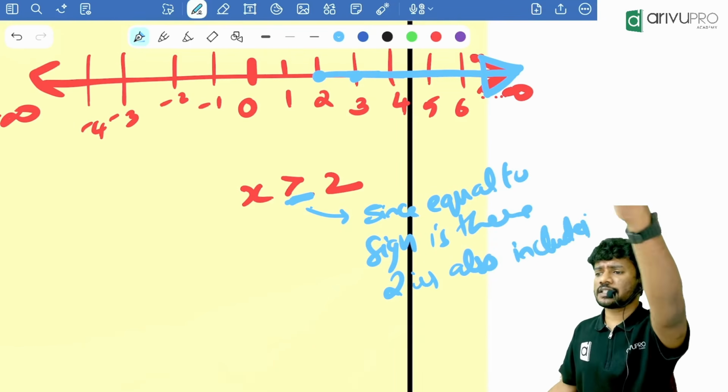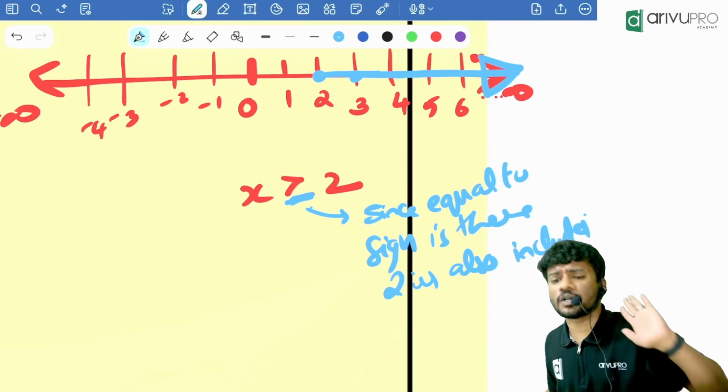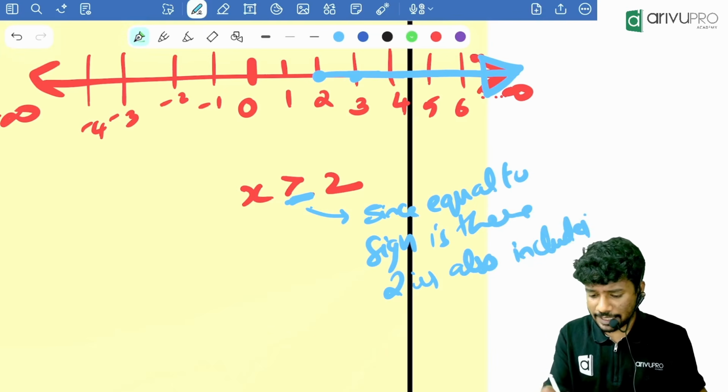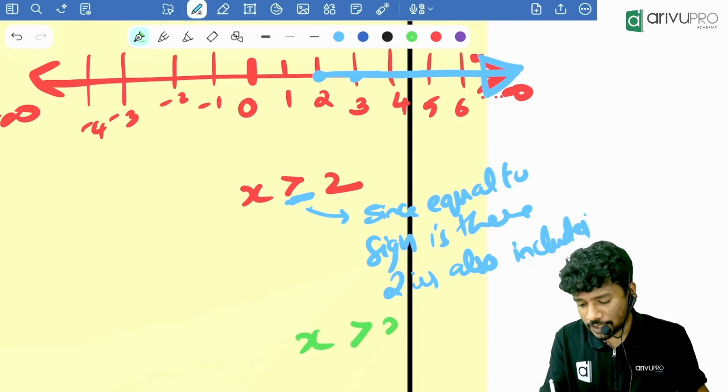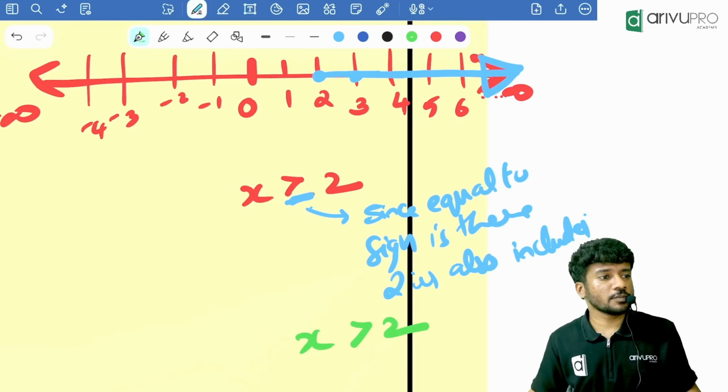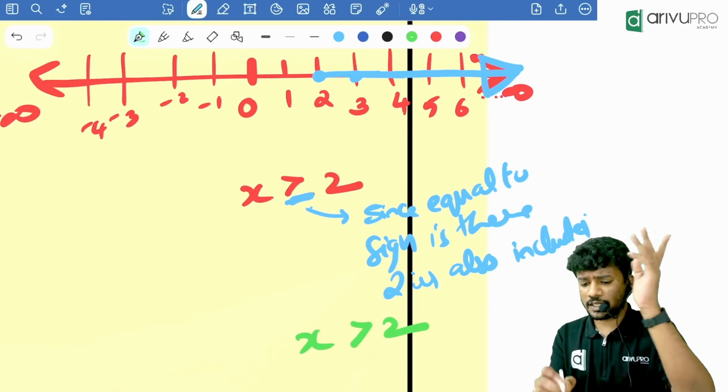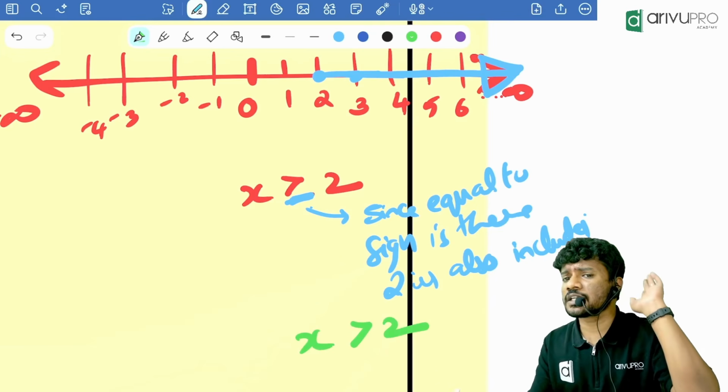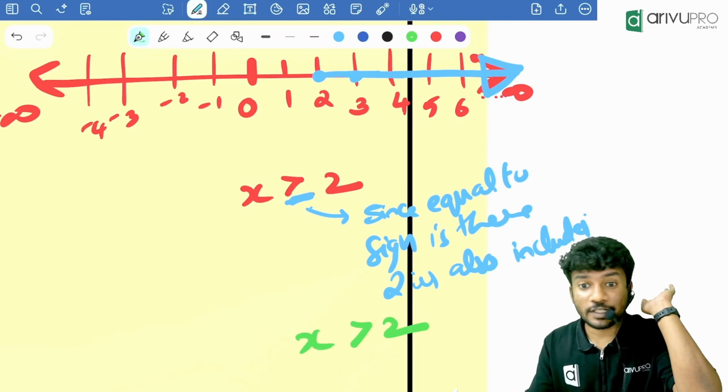Now, what if greater than or equal to was not there? For example, x greater than 2. What are the possible values? From 2 to infinity, but 2 is not included.